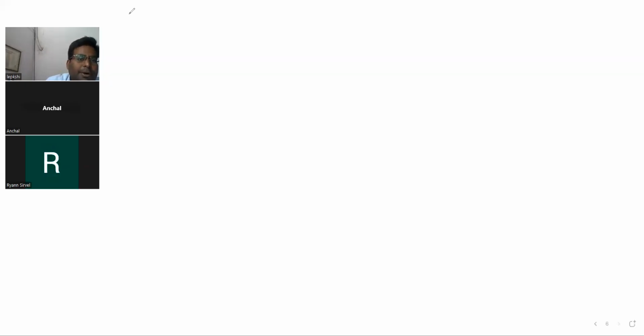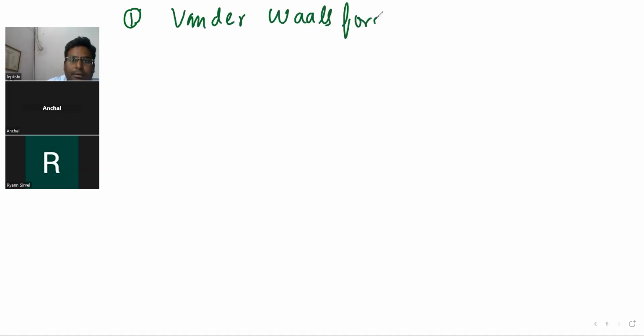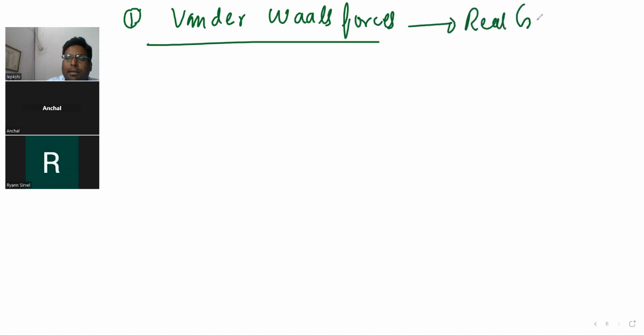So now see the next point. Attractive intermolecular forces are known as van der Waals forces. So when there is attraction between atoms and molecules, that is called van der Waals forces. So remember the name of this scientist. We will study more about it. He has given the real gas equation.